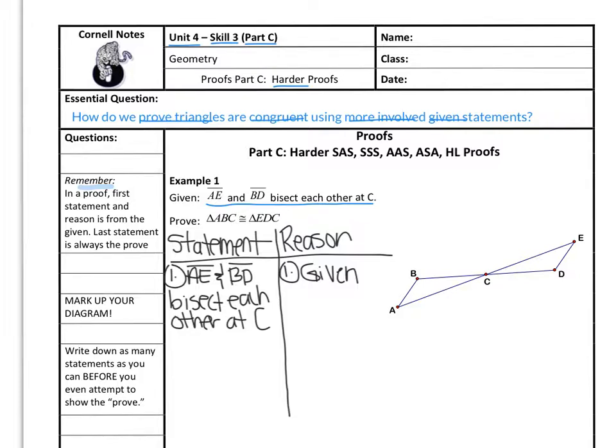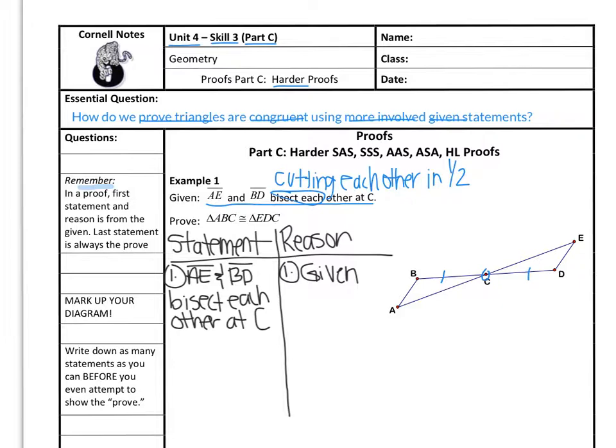So AE and BD bisect each other. If they're bisecting each other, that means they're cutting each other in half. So if we've got C here as that midpoint, and they're cutting each other in half, then that means that BC is going to be congruent to CD.